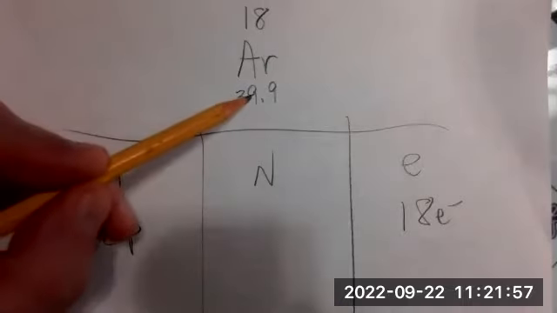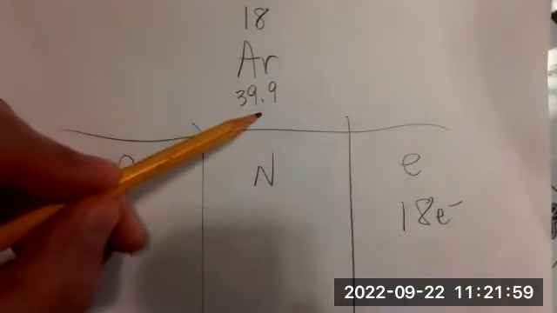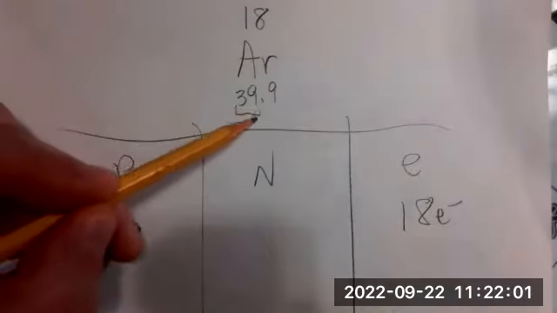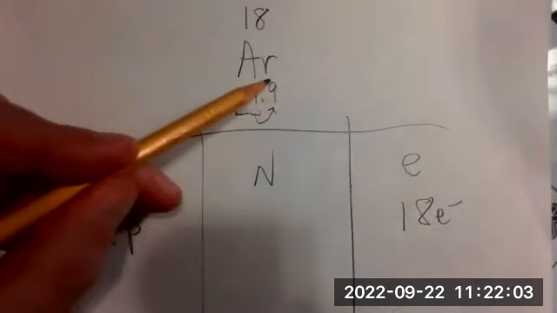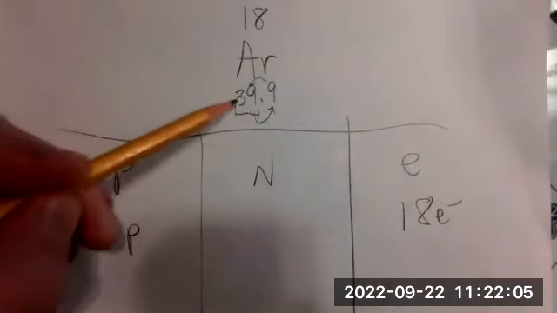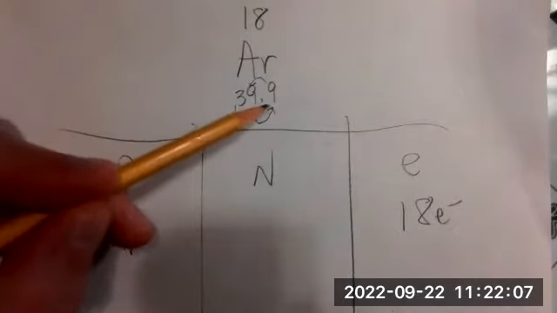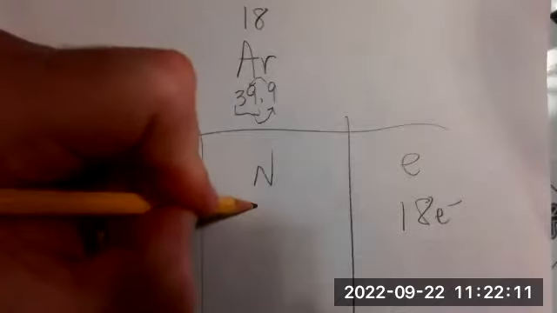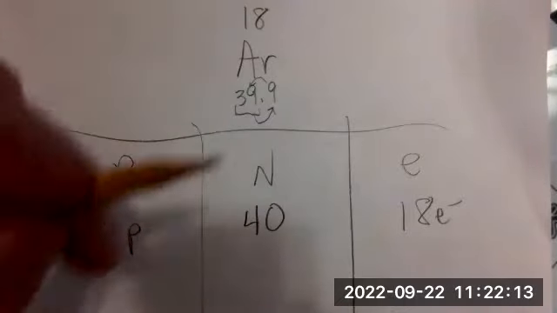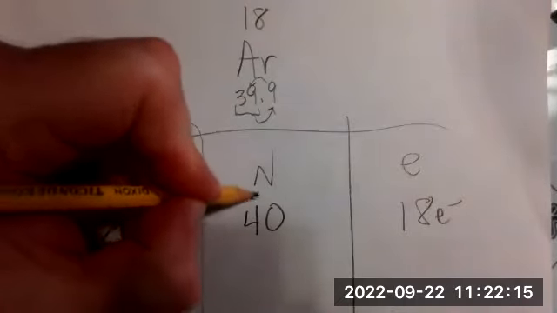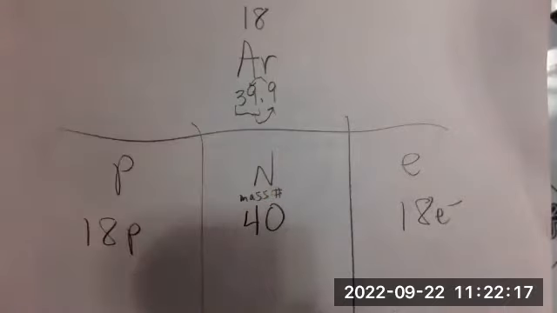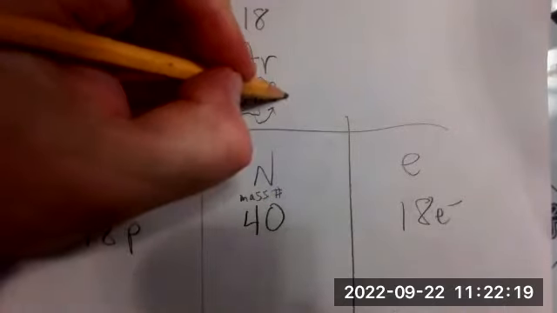So we take that 39.9 and we round it to the nearest whole number. And remember, you look to the right to round to the next digit over. So 39.9 rounds to what whole number? Good, 40. And that's called the mass number, by the way, when you do that rounding. Up here, it's called the atomic mass.